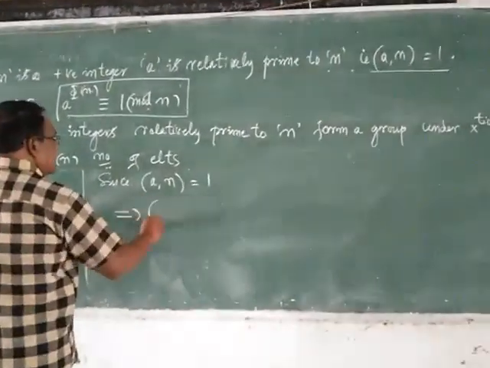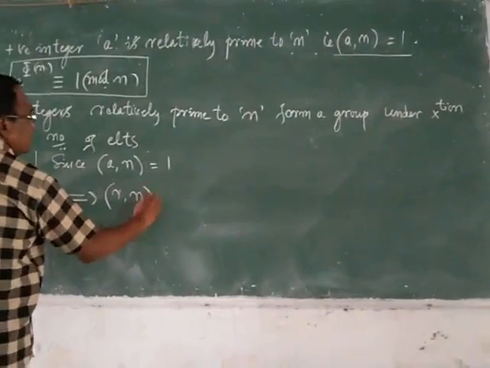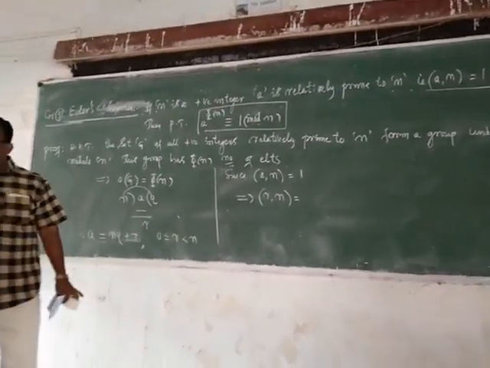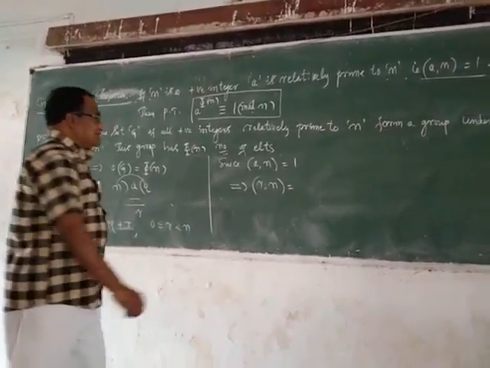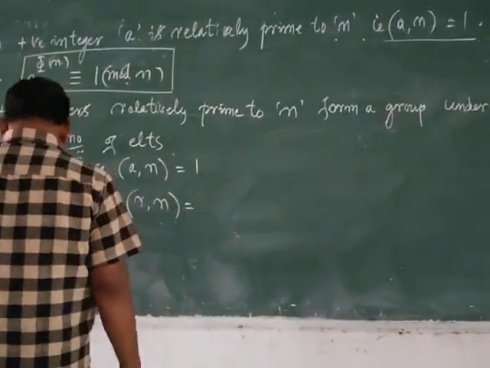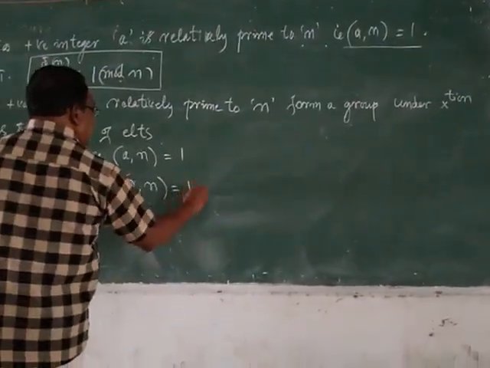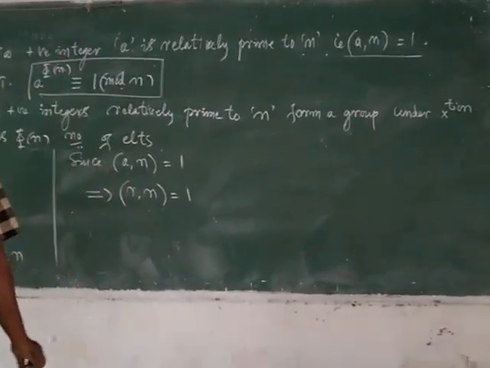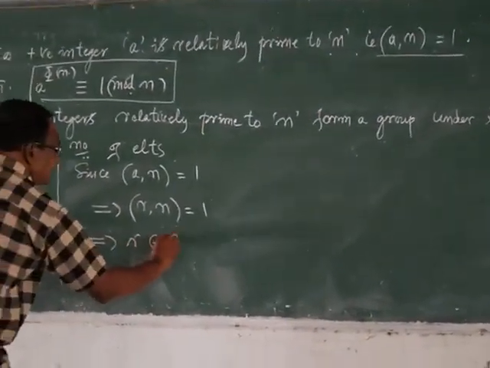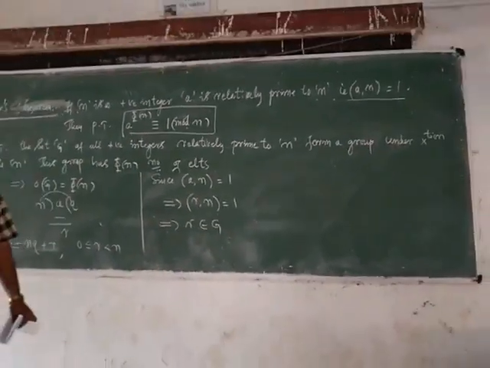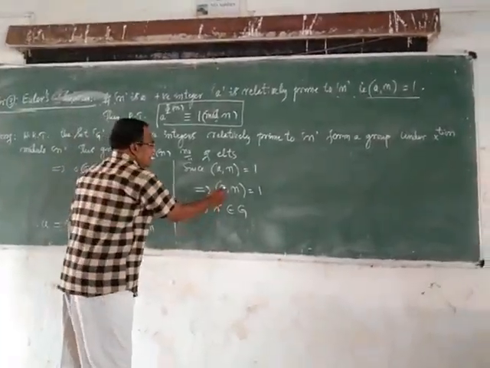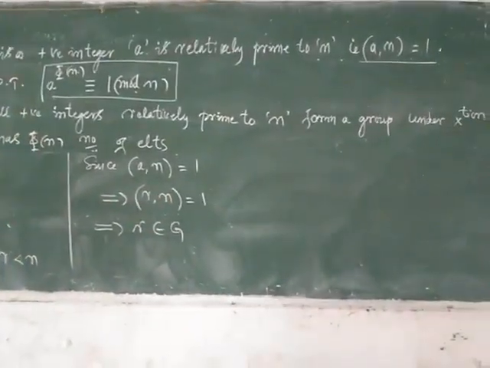This implies that the greatest common divisor of R and n is also 1, and this implies that R belongs to G. Why does R belong to G? Because R and n are relatively prime.